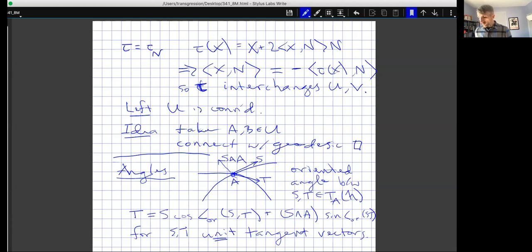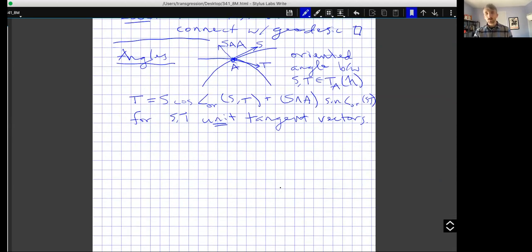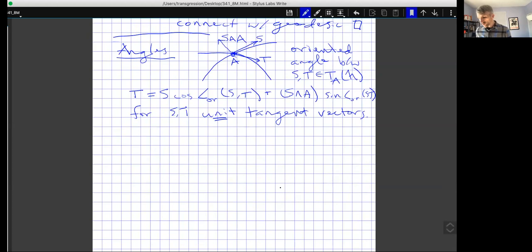Okay, so then we can talk now about the intersection of geodesics in this language.